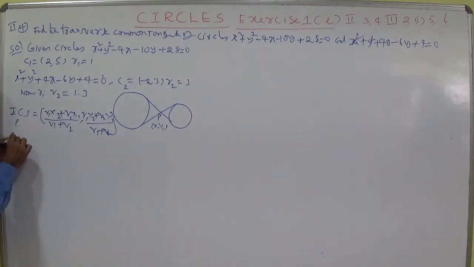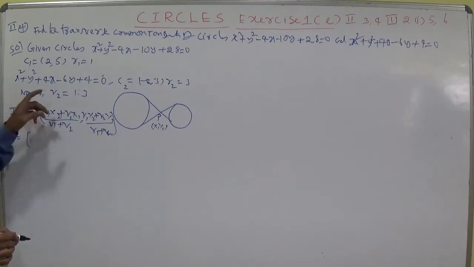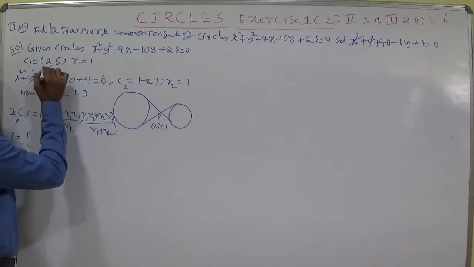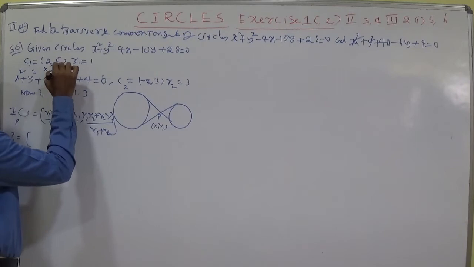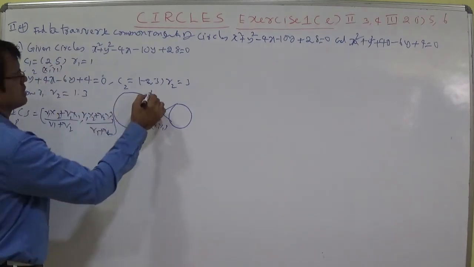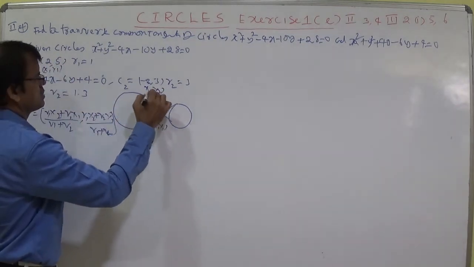Using this, we can write P (x1, y1) notation using center 1 and center 2. This is (x1, y1) C1 and this is (x2, y2) C2.